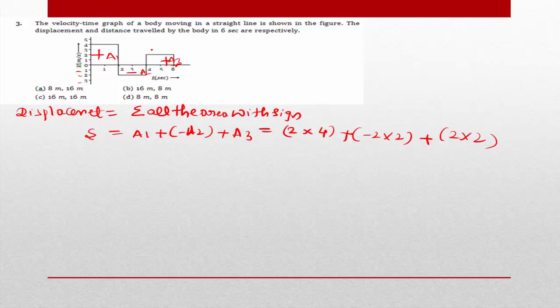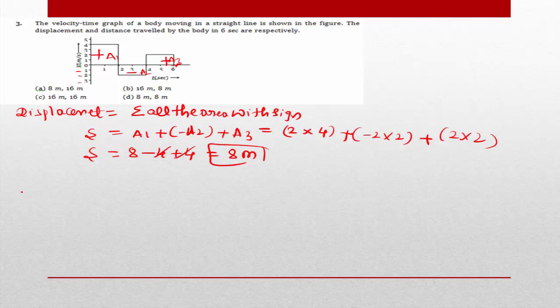Therefore S is 2 into 4, that is 8, minus 4 plus 4. Minus 4 and plus 4 get cancelled, we get the displacement is 8 meter.